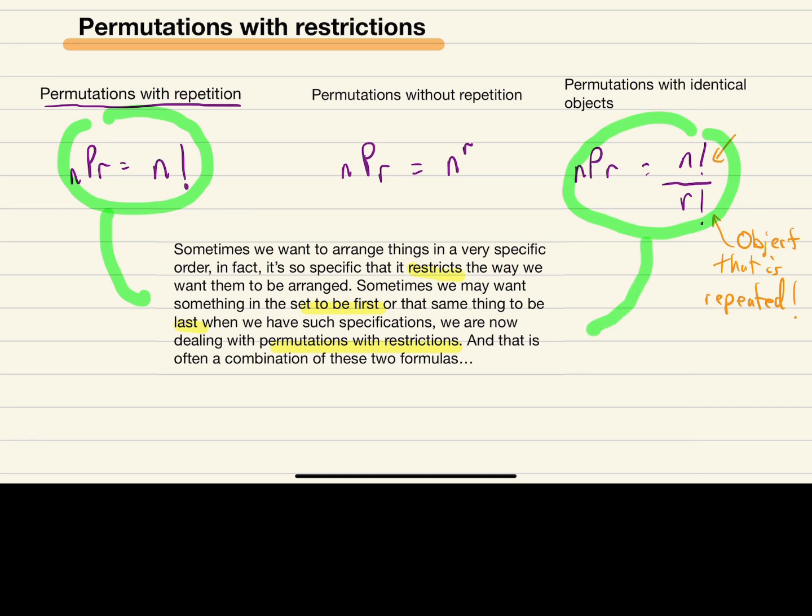And of course, this formula over here pertains to when we have a restriction with an identical or repeated set. So I'll just write identical or repeated set within the permutation, or the numbers in the permutation.